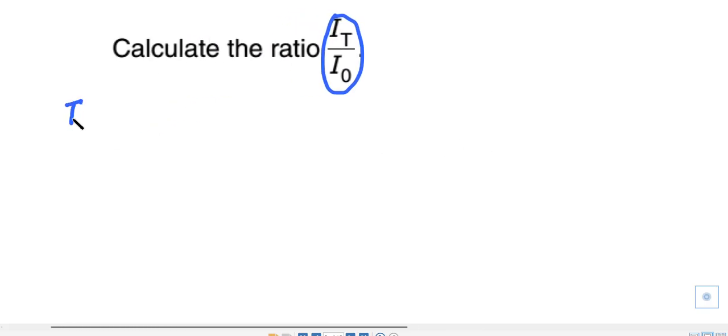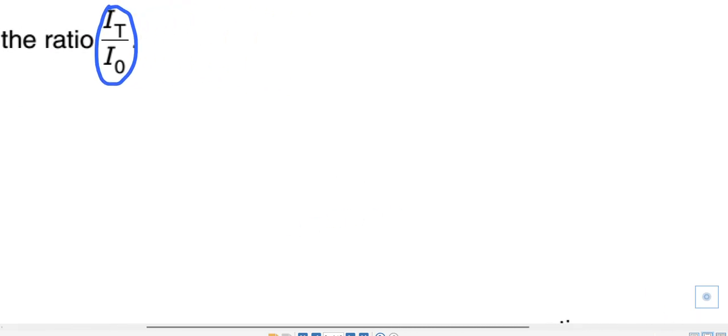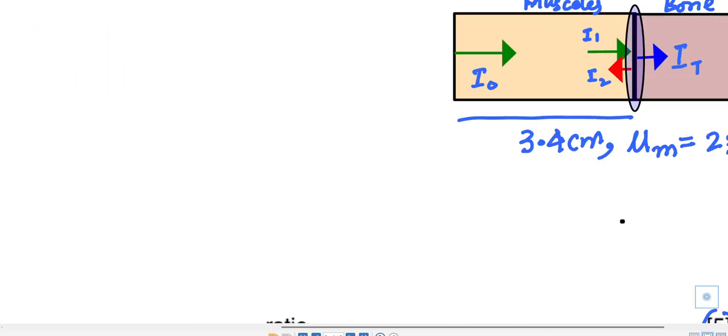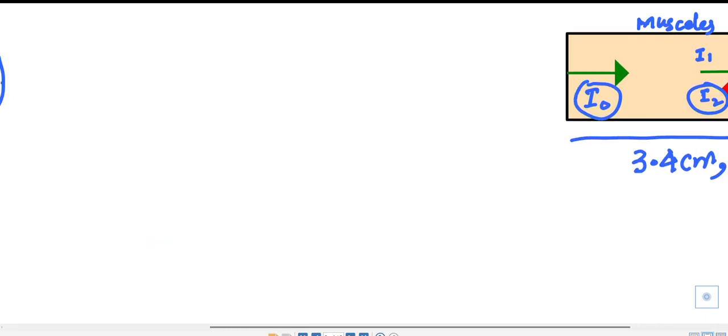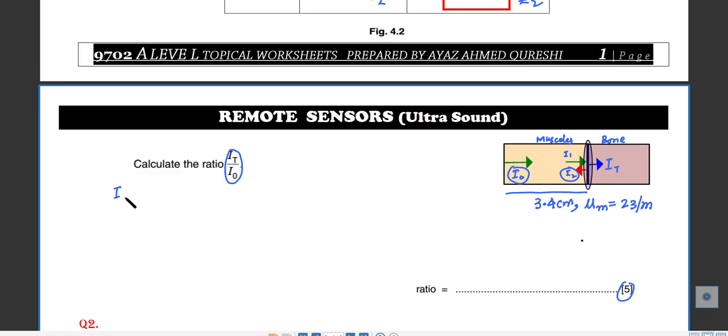So due to attenuation, where is I2? Here is I1. Here is I1. So I1 will be attenuated intensity as compared to I0. So I simply say that I1 equals I0 e power minus mu times x.